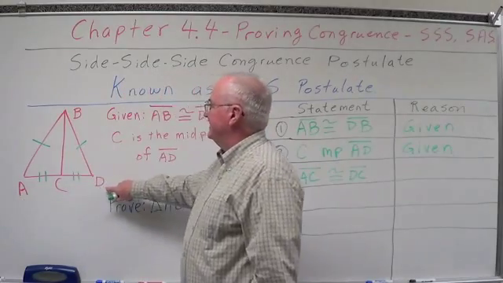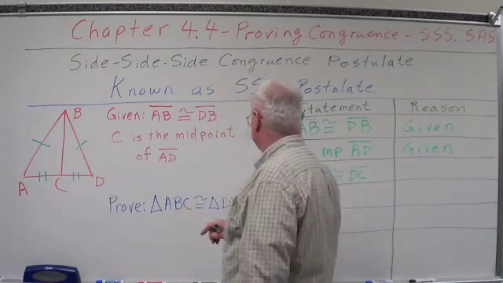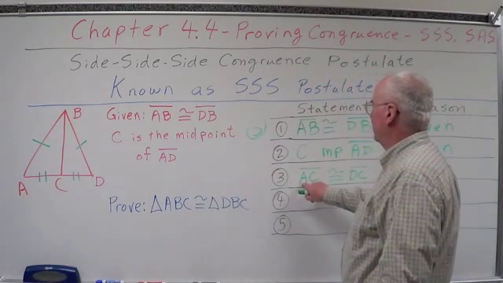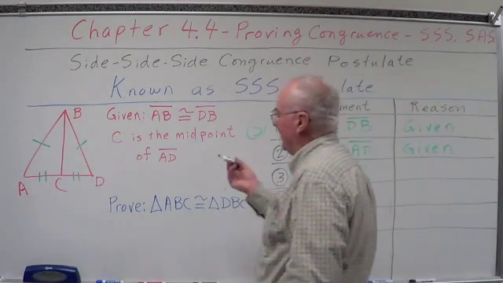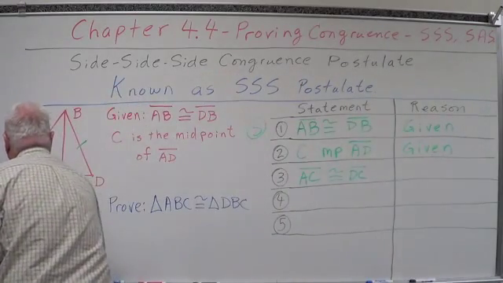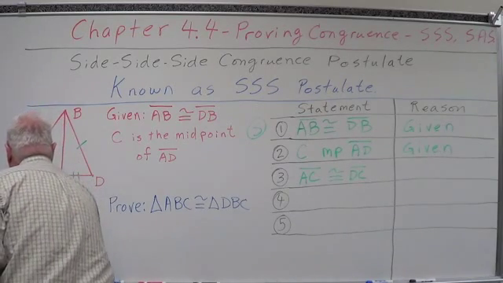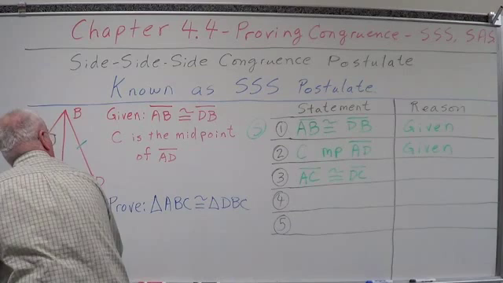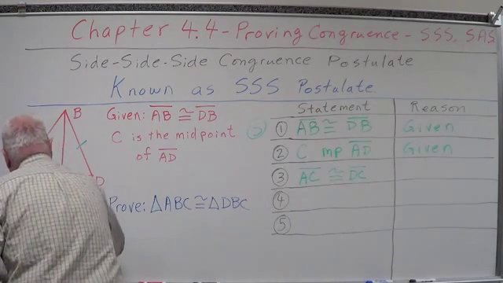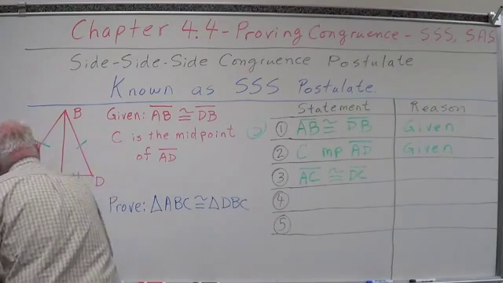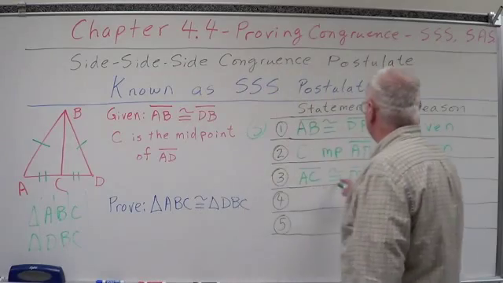A corresponds to D. C corresponds to C. How do we know that? Well, we're trying to prove triangle ABC is congruent to triangle DBC. So what lines up? AD lines up, so A needs to go with D. So that's why we're doing that.